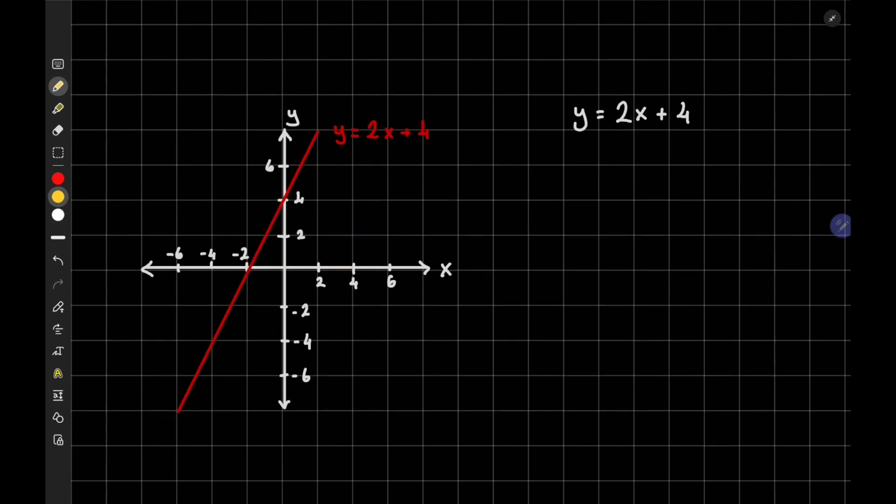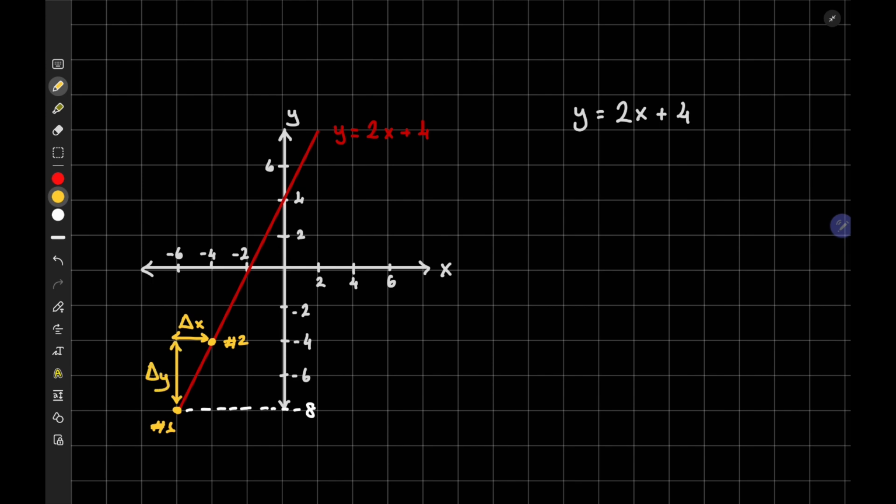Let's calculate the slope of this line. This line is y equals 2x plus 4. Again, we are going to determine 2 points. Let's say our first point is this one, and our second point is this one. You are not seeing it here, but the y value of this one is minus 8. So when we go from point 1 to point 2, we change the x value by this amount, and we change the y value by that amount.